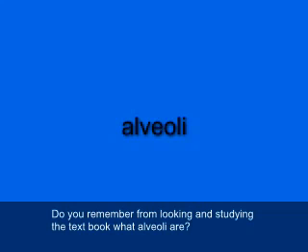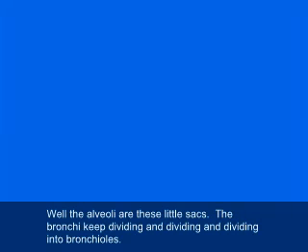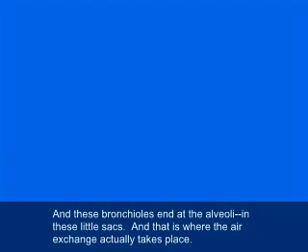Do you remember from looking and studying at the textbook what alveoli are? Well, the alveoli are these little sacs in the far end. The tree keeps dividing and dividing and dividing into bronchioles, and those bronchioles end at the alveoli, and they're these little sacs.